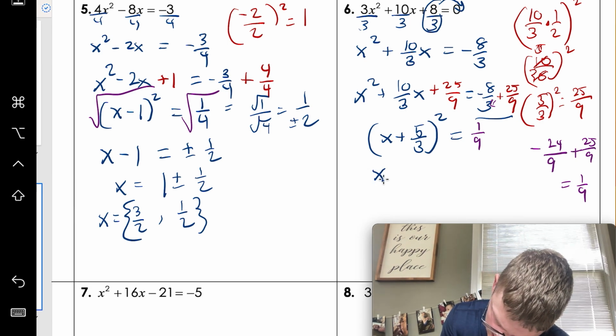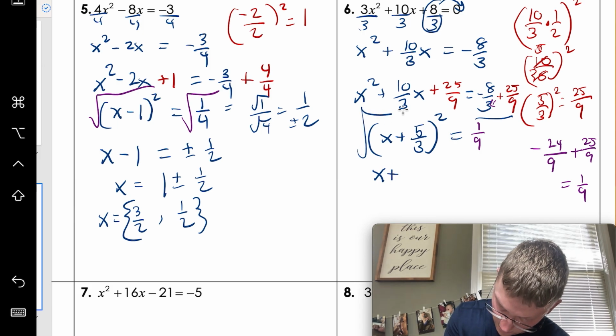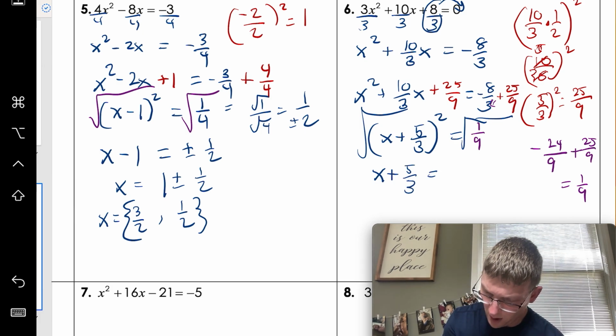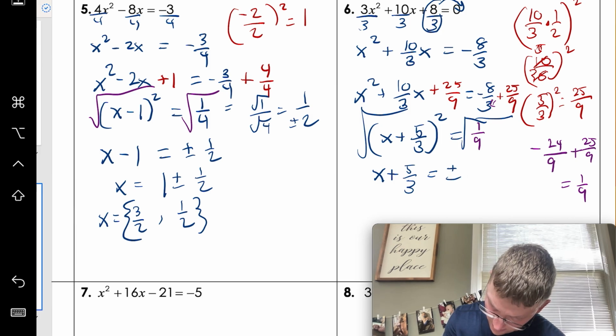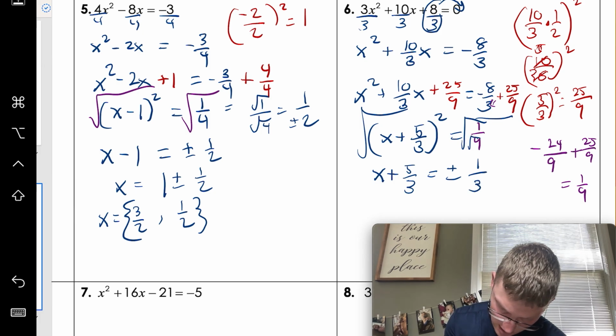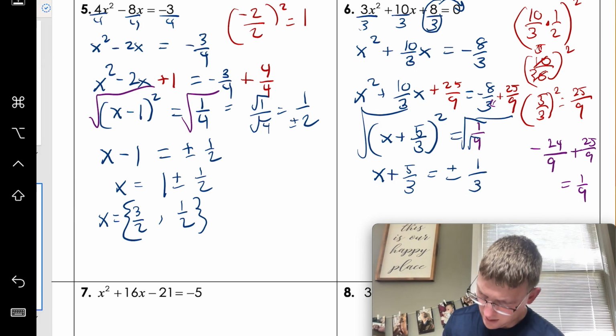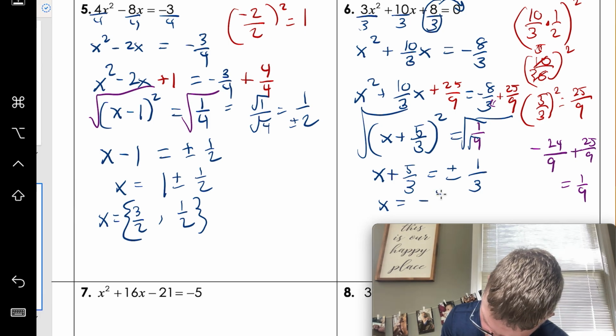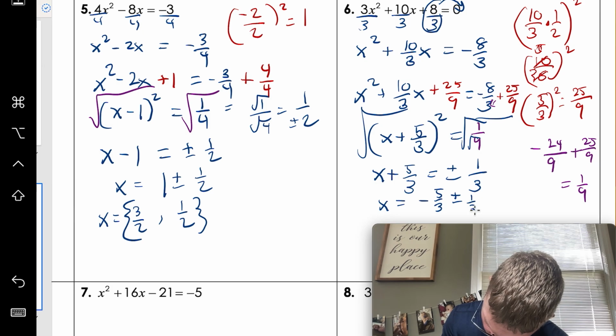We're going to take the square root of both sides. So we got x plus 5 over 3 equals the square root of 1 over 9. So that's going to be plus or minus, square root of 1 is 1, square root of 9 is 3. Okay, so now we've got x equals negative 5 over 3 plus or minus 1/3.